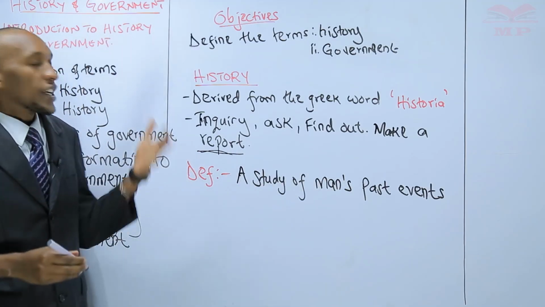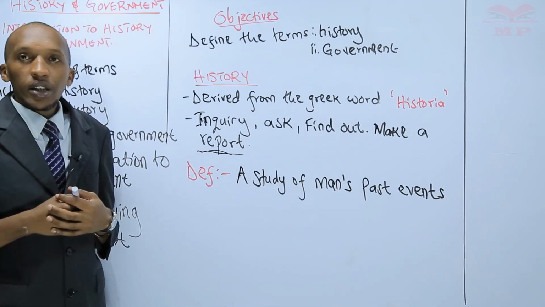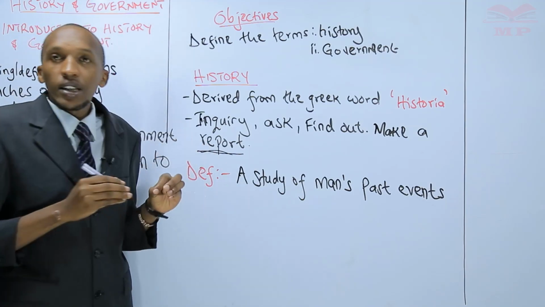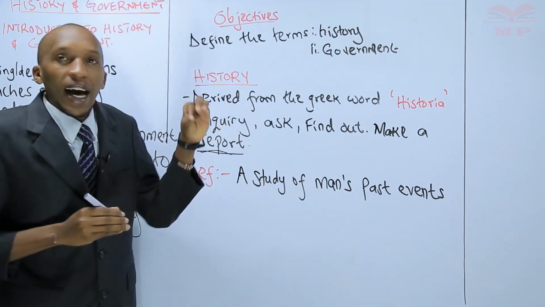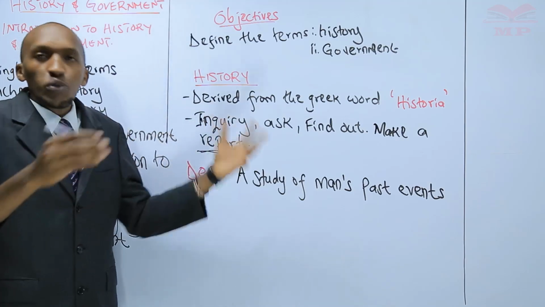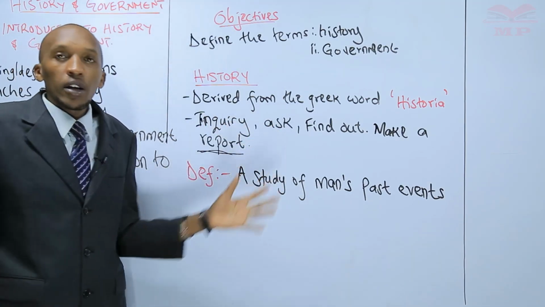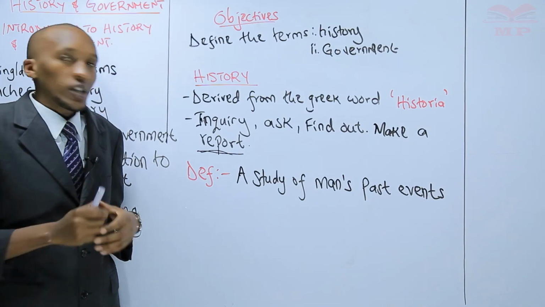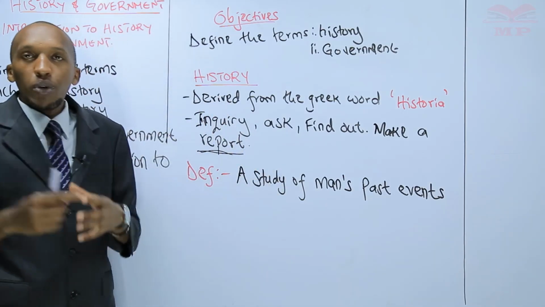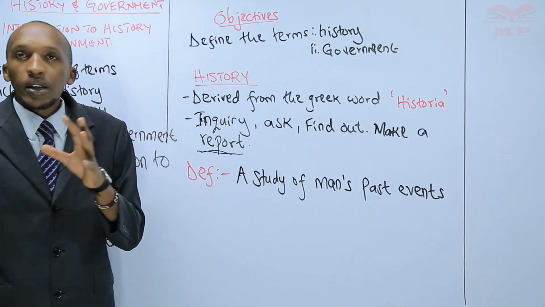When you talk of history as a discipline, it involves studying the activities and events of human beings. When you talk of man, it is a term used to refer to human beings, both women and men.